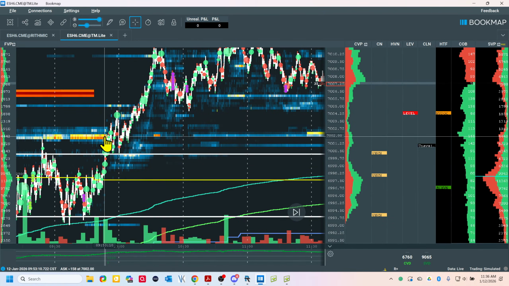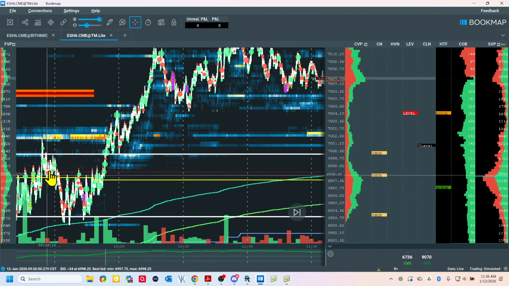Look at the buying. Look at the support here, right? Resistance, support, break high. What's that? Resistance, break high. Resistance becomes what? Support. Resistance becomes support.